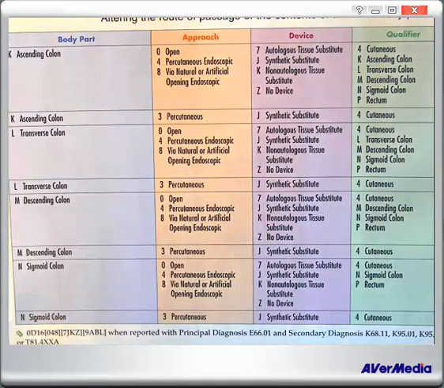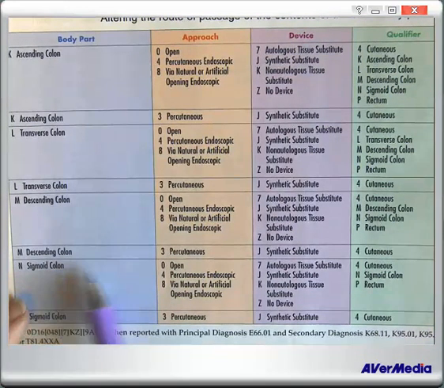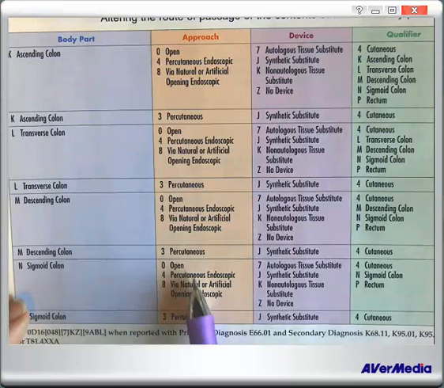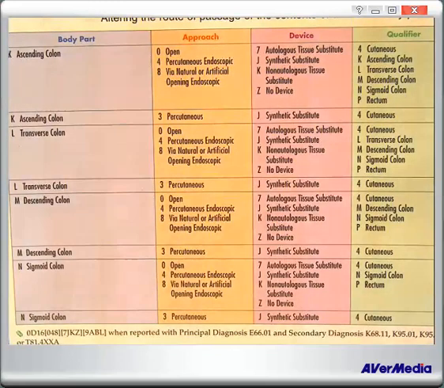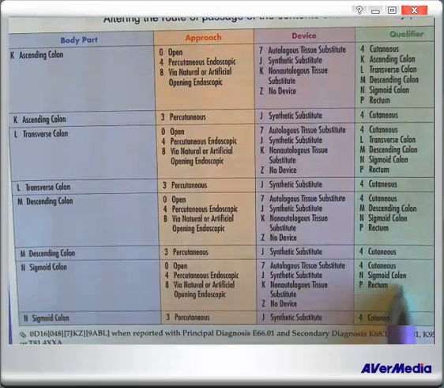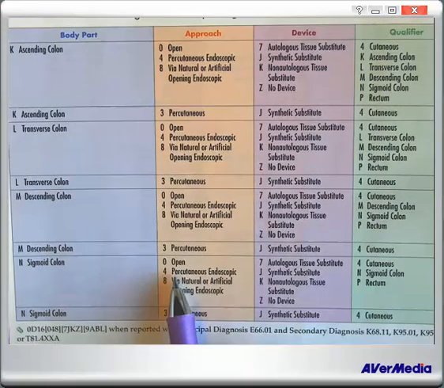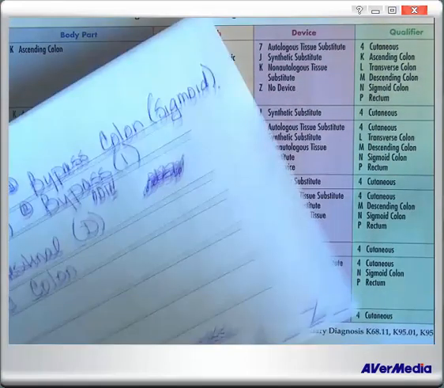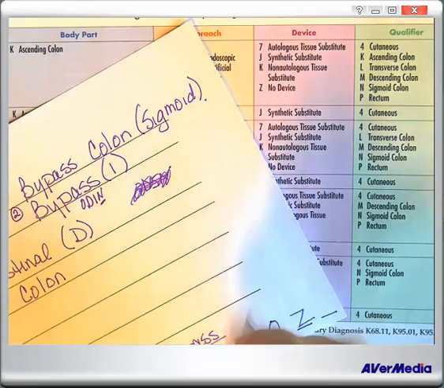Now, we need to look at our approach. Here we have open, percutaneous endoscopic, or via natural or artificial opening endoscopic. And here we have percutaneous. We already know it's open. Therefore, this is the row we're going to stick in. We're going to say 0 for open.